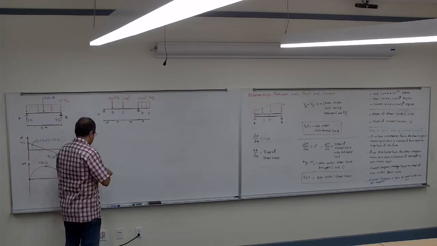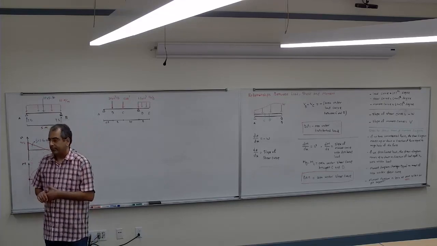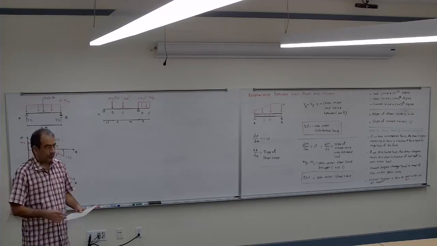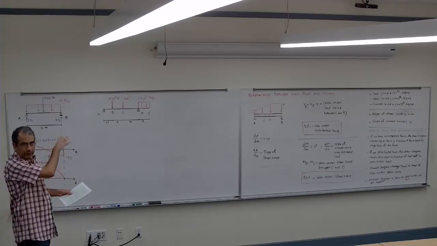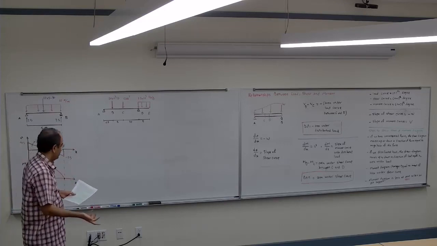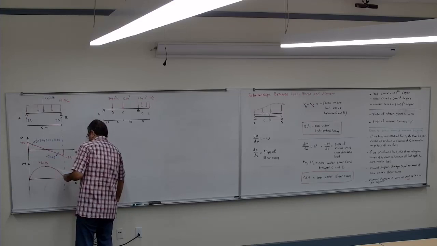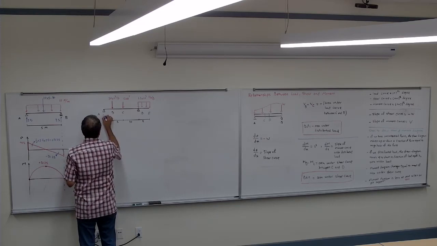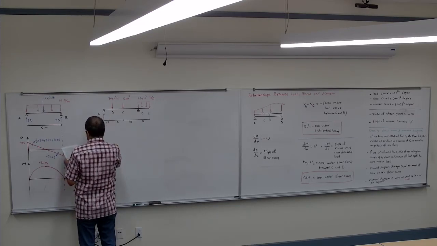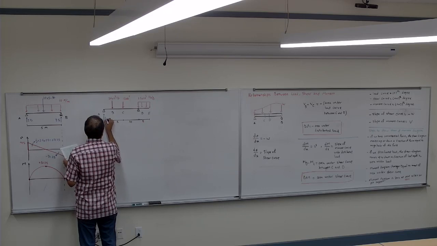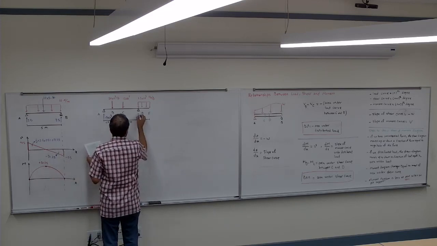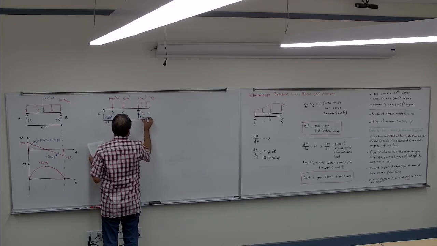Again, the very first step is that we have to go ahead and find the reactions of the supports. Because I don't want to spend time on that, I'm just going to put the reactions there, but you know that we have to find them. So here I'm going to get 18,000 going up, and here I get 26,000 going up.